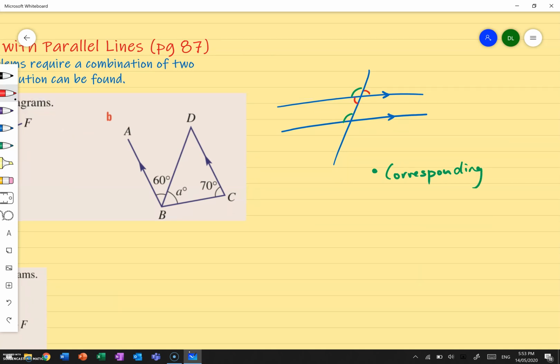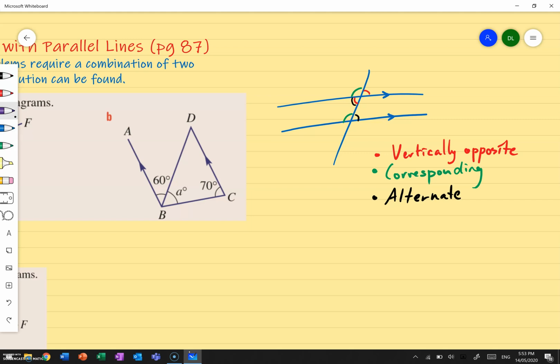So if they've gone this way, that's vertically opposite. We've got going this way, that would be alternate. And finally, we've got co-interior.